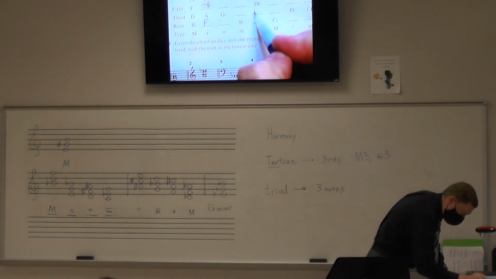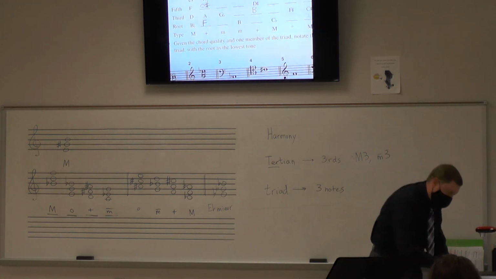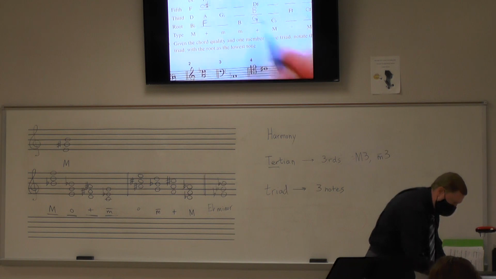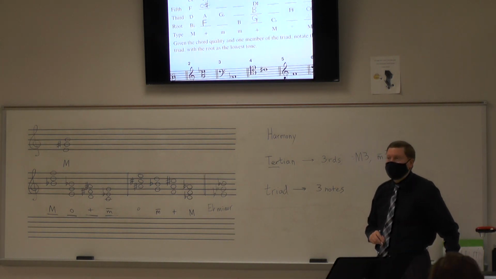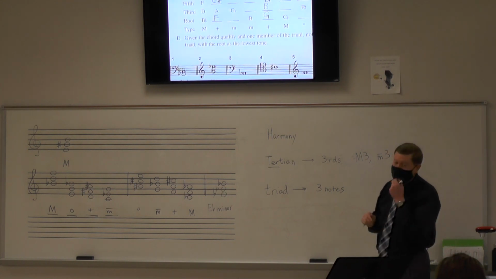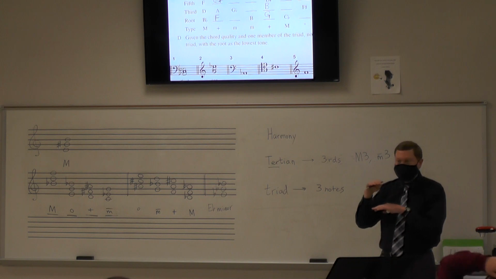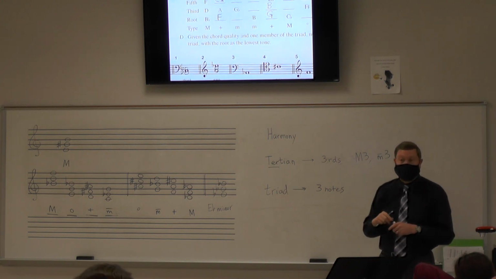That's going to be a B. And what note is a major third below a B? That's going to be a G. So the final answer is G natural, B natural, D sharp. I think you should be able to do this. Just remember what types of thirds need to be stacked in order to get the desired type of triad.